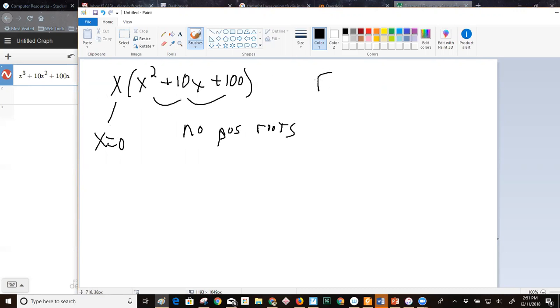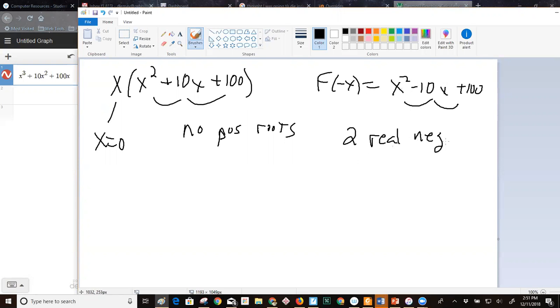Then if I find f of negative x on just that quadratic part, I'm going to get x squared minus 10x plus 100. And now I'm seeing two sign changes. So that tells me there could be two real negative roots, or there could be zero real negative roots.